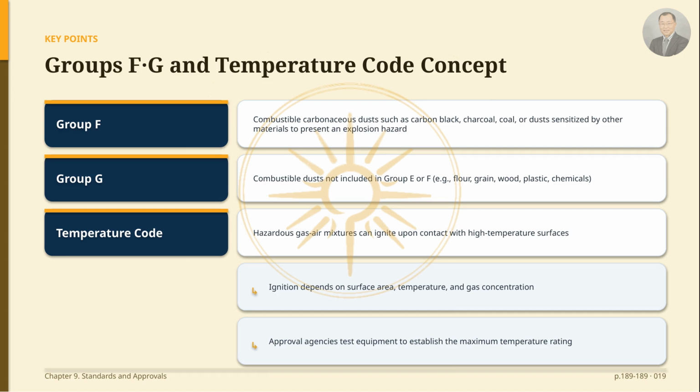Group F refers to atmospheres containing combustible carbonaceous dusts, such as carbon black, charcoal, and coal, or dusts that have been sensitized by other materials to present an explosion hazard. Group G refers to atmospheres containing combustible dusts not included in Group E or F, such as flour, grain, wood, plastic, and chemicals. Now let's look at the temperature code.